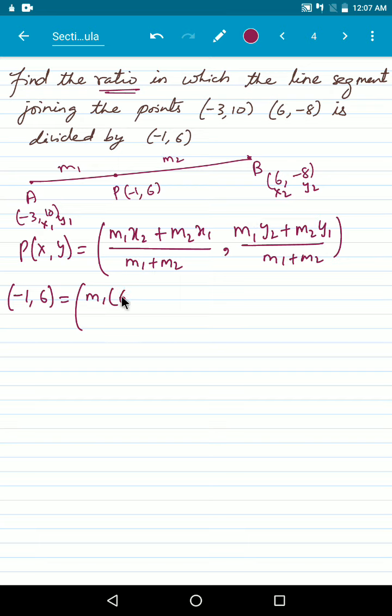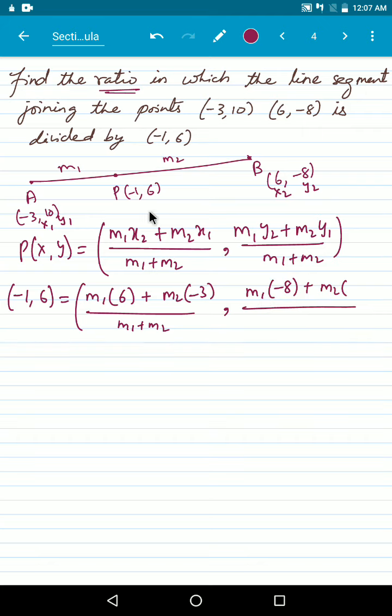x2 is 6 times m1, and m2 is not known, we should find it, right? x1 is minus 3, divided by m1 plus m2. Comma, y2 is 8 times m1, and y1 is 10 times m2, divided by m1 plus m2.